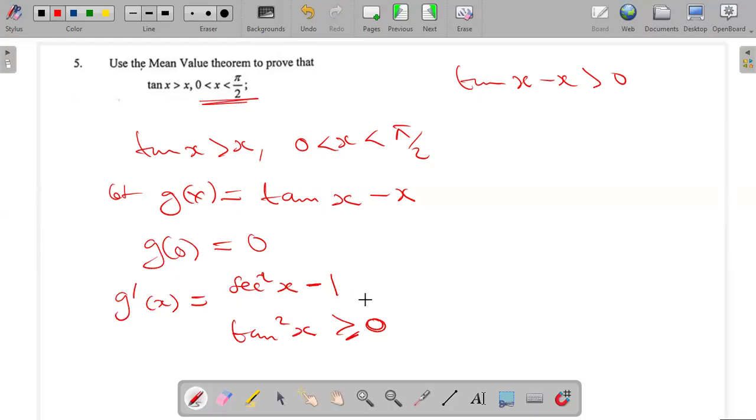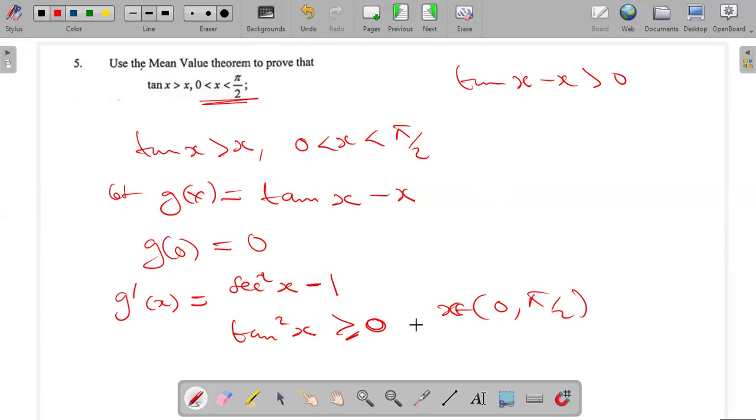So for x in that interval, 0 to pi over 2, of course not exactly at those endpoints, but in between, this is going to give me something positive.